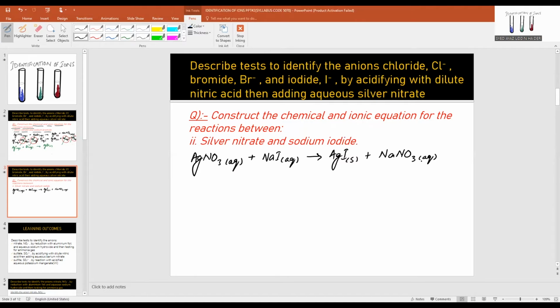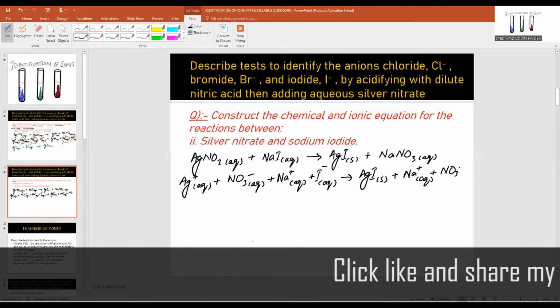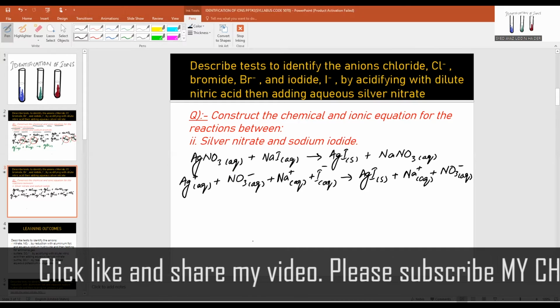Now let's make the ionic equation. It is easy. First of all, you have to write ions of the compounds which are aqueous. So it will be Ag plus aqueous, NO3 minus aqueous, Na plus aqueous, I minus aqueous, get AgI solid plus Na plus aqueous, NO3 minus aqueous.